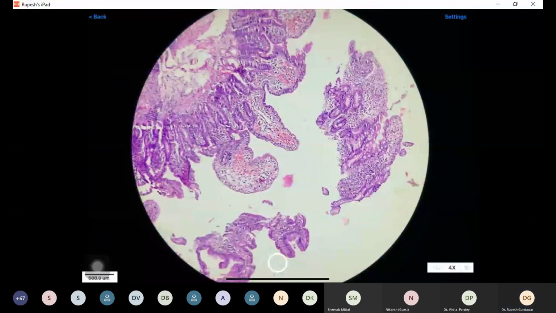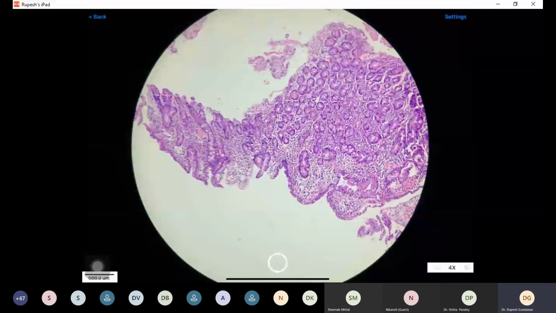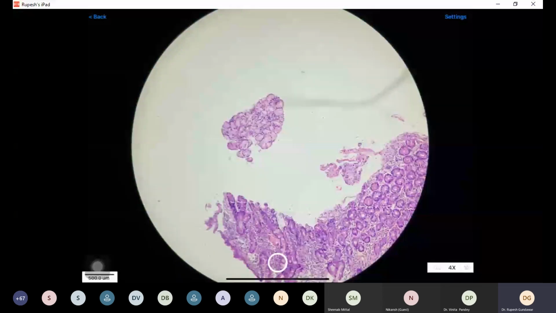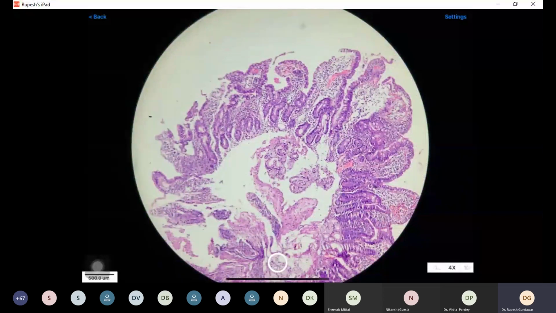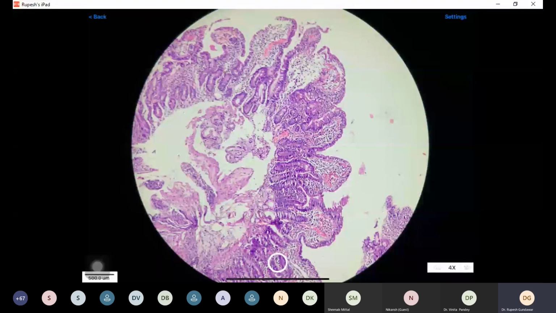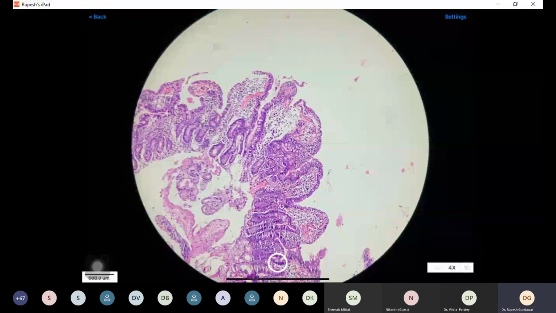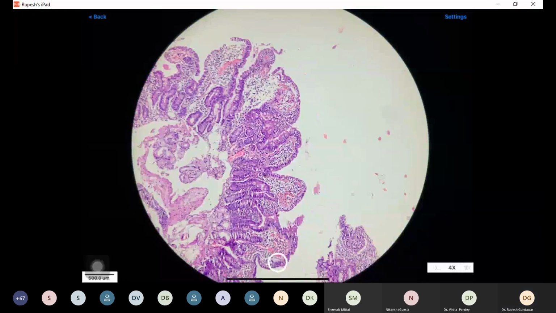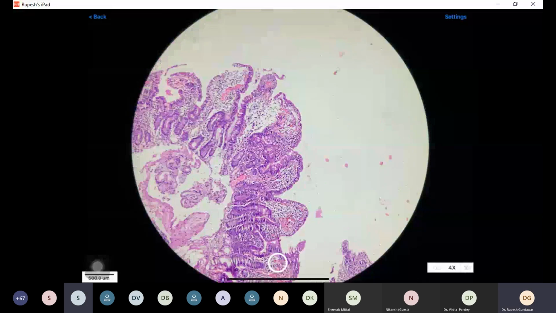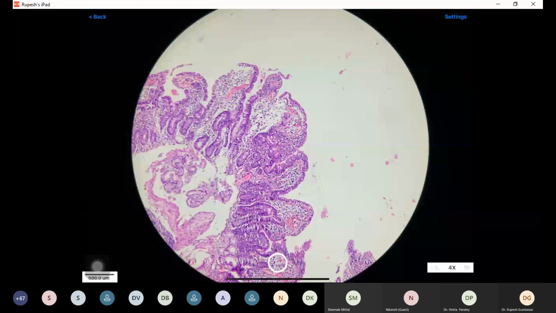So what should be the diagnosis? Anyone, please unmute and tell what diagnosis you will give for such cases. If the answer is quick, I can move forward. Celiac disease. Sorry? Celiac disease, sir.